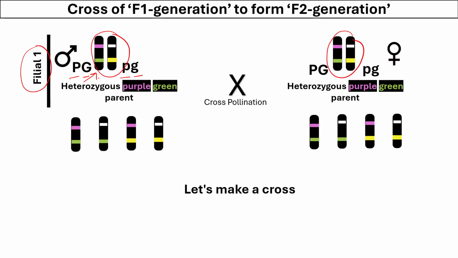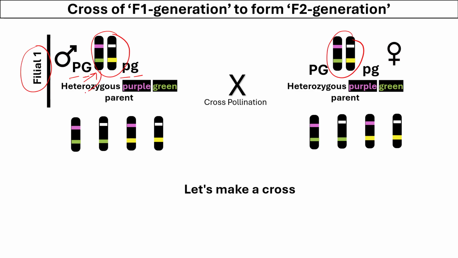Now they are going to produce gametes, because during meiosis we know that there is a crossing over step, which leads to the exchange of a small fragment of chromosome. Let's say there is no crossing over.